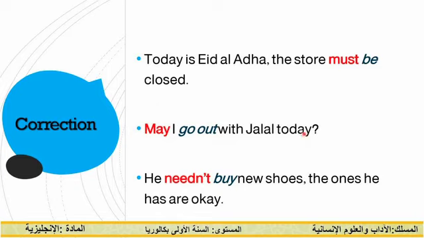So may I, I am asking a parent, it's usually a parent. May I, we started with may and not with I because it's a question. So may I go out, the verb is in the infinitive, with Jalal today. And of course for the last one, he needn't buy new shoes. He doesn't need to. The ones he has are okay.